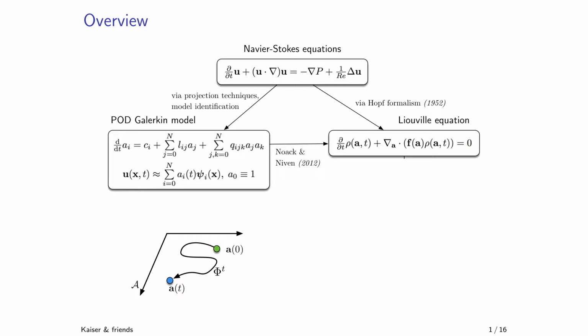A solution to the Navier-Stokes equation can be seen as a point in the velocity space, like the phase plot in the left bottom corner. The Liouville equation describes then how a distribution of these points evolve over time.